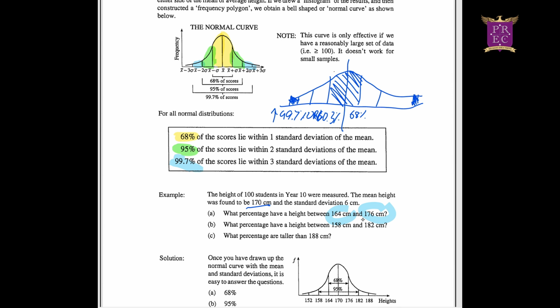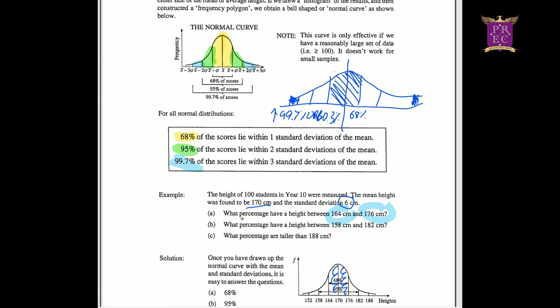So how far away is 176 from the mean? It's 1 standard deviation, which is 6. How far away is 164 from the mean? It's also 6 centimeters, so one standard deviation, right? So we take this as half to be 2 standard deviations. So therefore, two halves of standard deviations make 1 standard deviation.